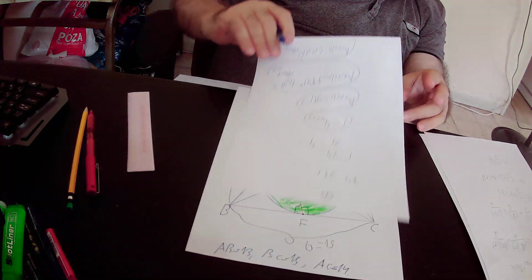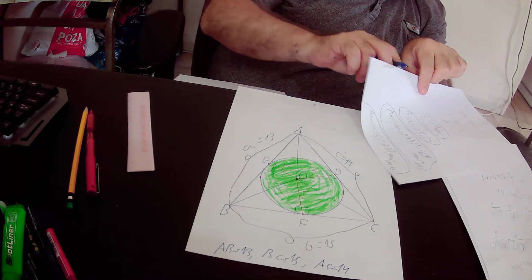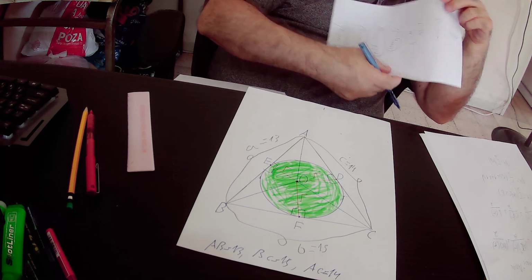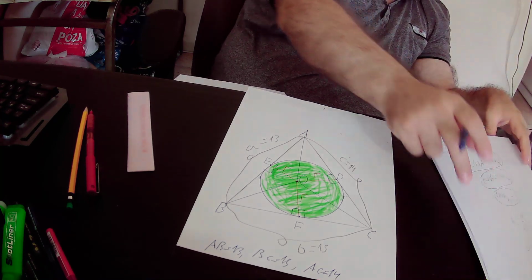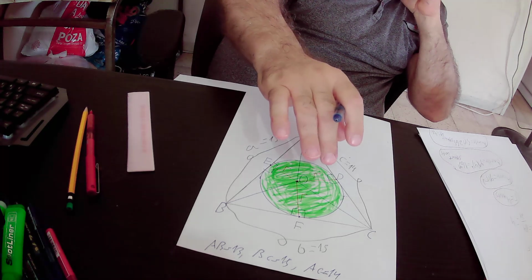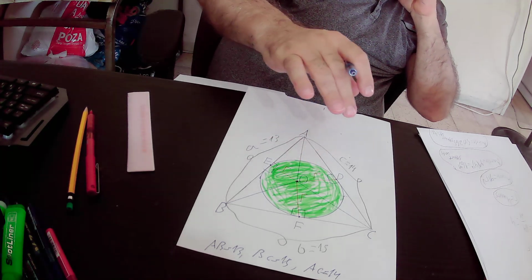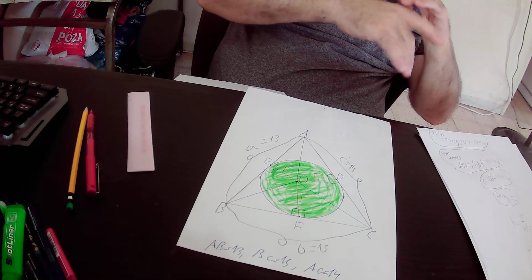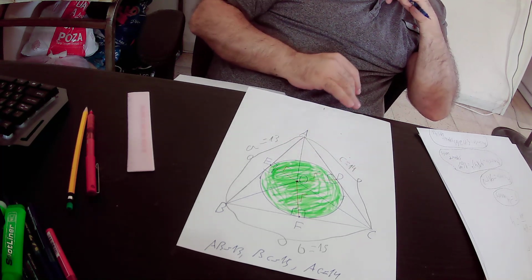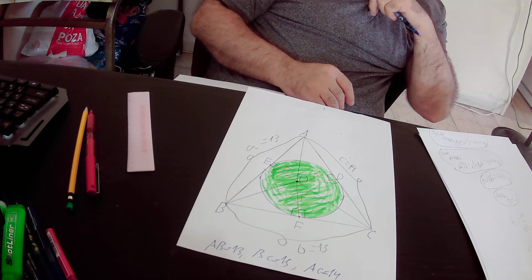Okay, so again, the area of this green circle equals either 16 pi square units, or in terms of numbers, 50.265 square units.